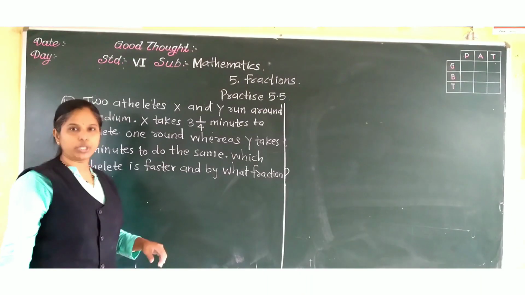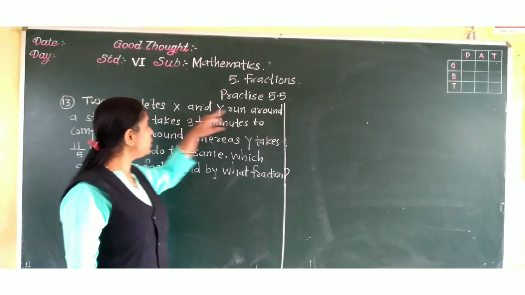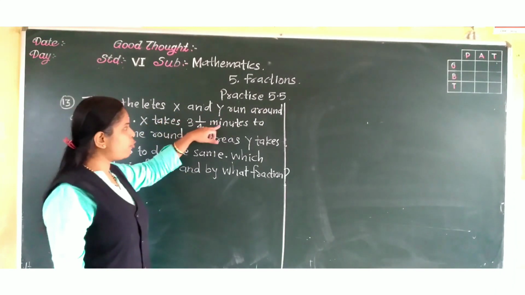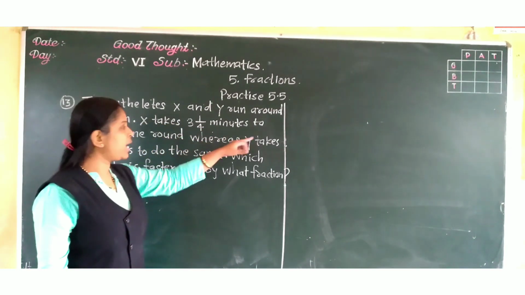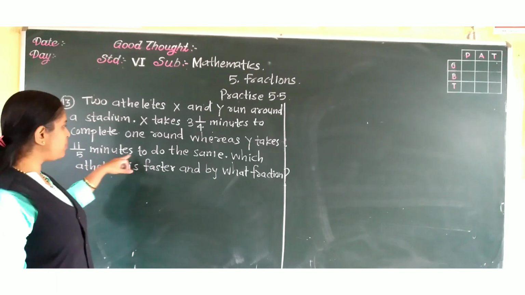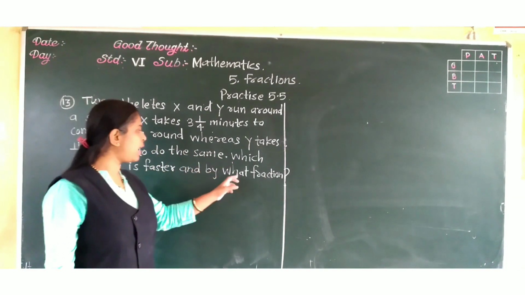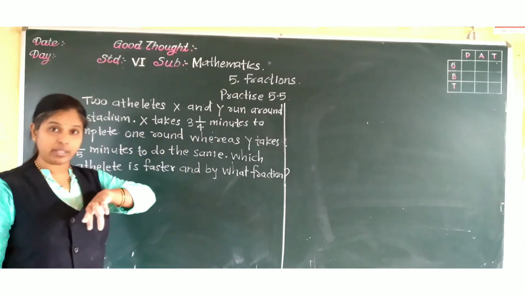Okay. Question number 13. Two athletes X and Y run around a stadium. X takes 3 and 1/4 minutes to complete one round, whereas Y takes 11 upon 5 minutes to do the same. Which athlete is faster and by what fraction? Means here we have to compare the fractions.